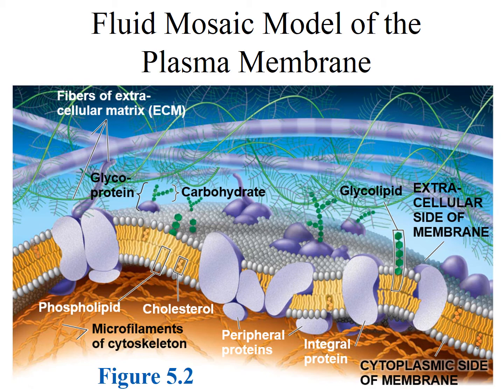Mosaic, if you think about art, a mosaic is a combination of pieces, and sometimes they're arranged in somewhat of a random order. And so the mosaic refers to these globular proteins that are randomly arranged in this phospholipid bilayer.